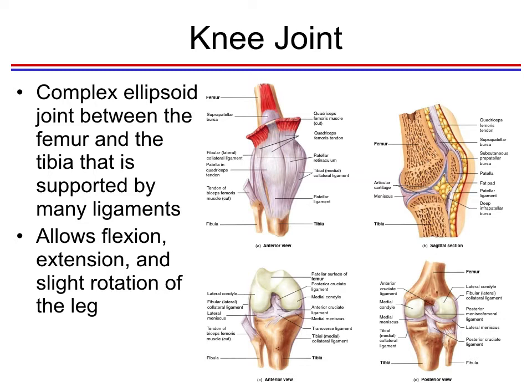The ligaments include some internal ligaments, the anterior cruciate and the posterior cruciate ligament, and then some external ligaments, the collateral ligaments, the tibial and fibular collateral ligaments. The knee has to have all this extra support because it carries so much weight, and it's used in running.